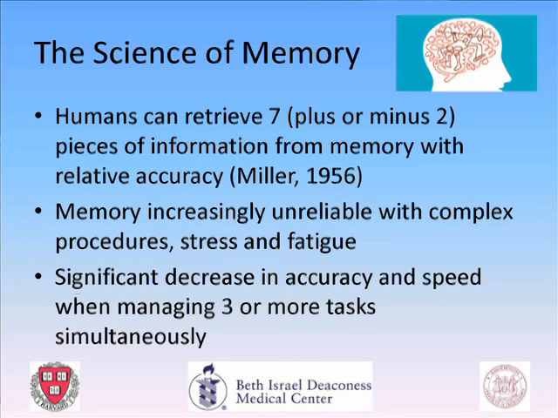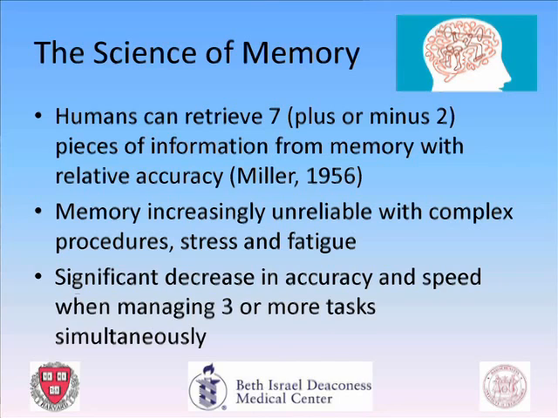Most of you have heard about this landmark study by Miller in 1956, where he showed that humans can only retrieve 7 ± 2 pieces of information from memory with relative accuracy. So we can't really expect doctors and nurses to be multitasking and being involved with very complex tasks all at once after a 16-hour shift or after a 30-hour shift.